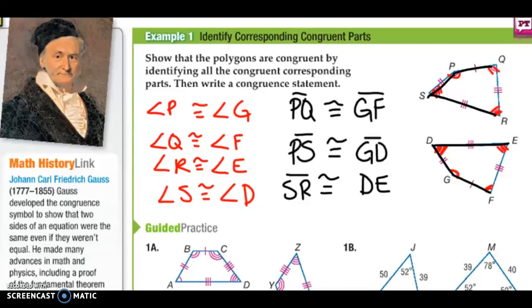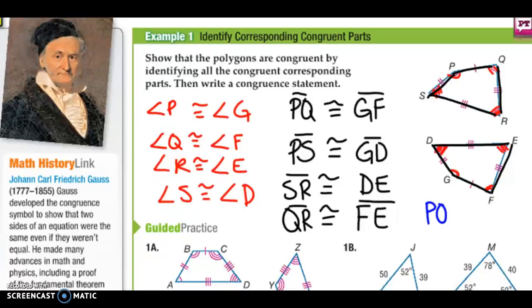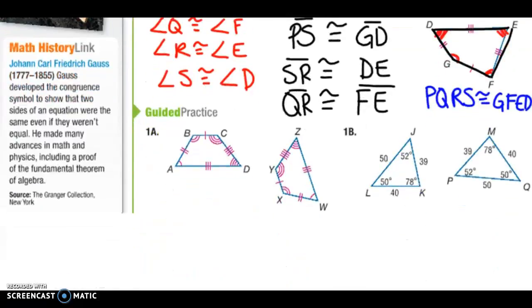And finally, we see that QR is congruent to FE. So since all of those are corresponding, we can say that PQRS is congruent to GFED. If you'd like to look at some more examples, you can pause the video now and try problems 1A and 1B.